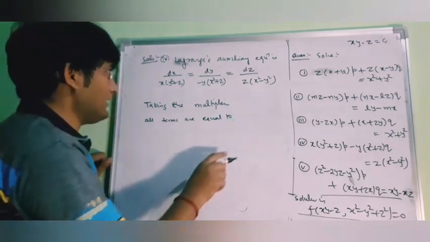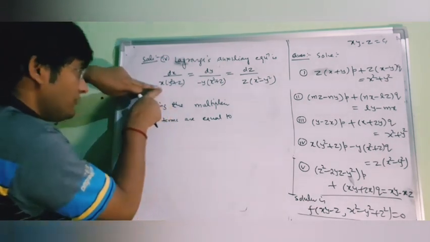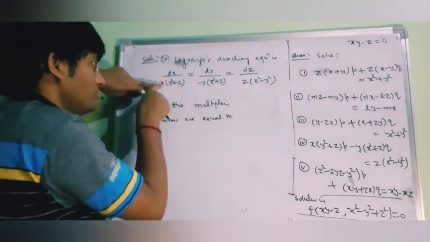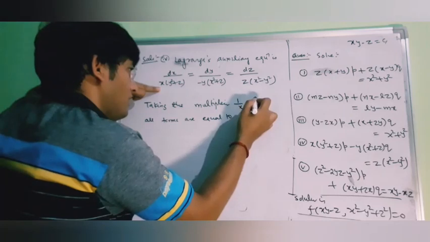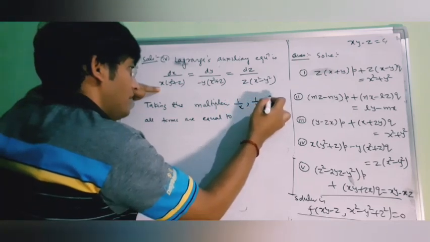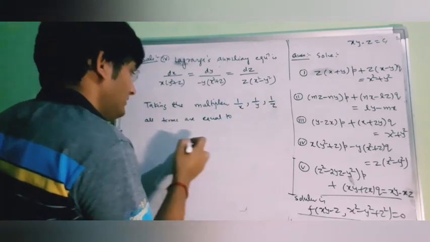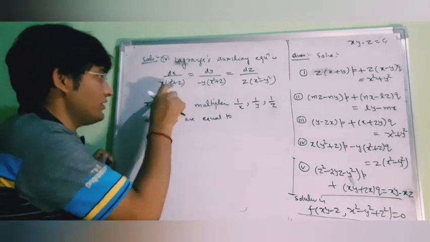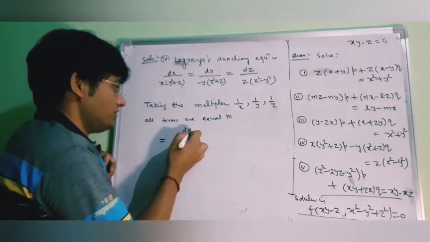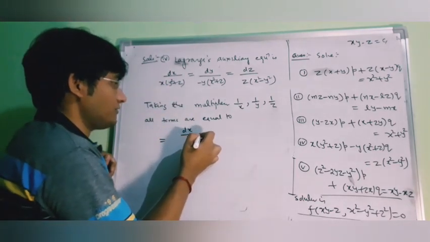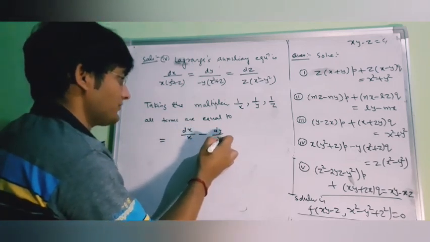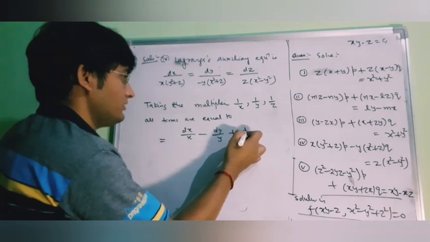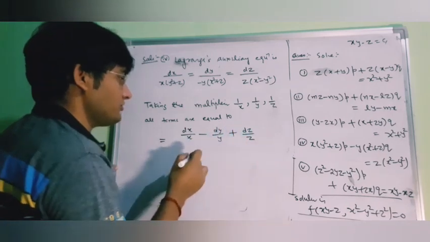Now take the multiplier as, now let us, if we take this x in the numerator, that means if you take the multiplier 1 by x, 1 by y and 1 by z, then each of the terms will be equal to, now in the numerator we will have dx upon x, dy upon y, and dz upon z.